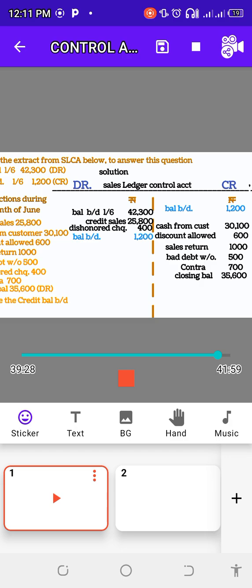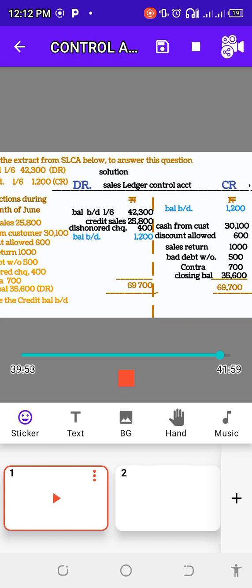When you compute the sums of the debit side and the credit side, you will discover a difference, and that difference should be the amount that will be refunded to the customer, which is the overpayment. It is the one written in light blue color as balance brought down. Okay, that should be balance carried down. It's supposed to be balance carried down on the debit side.